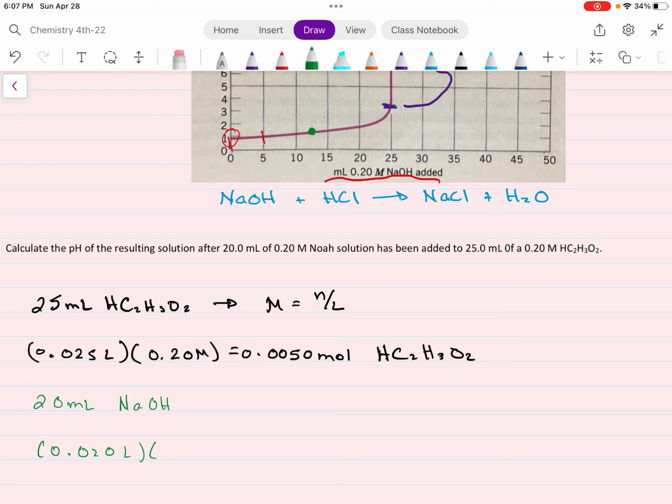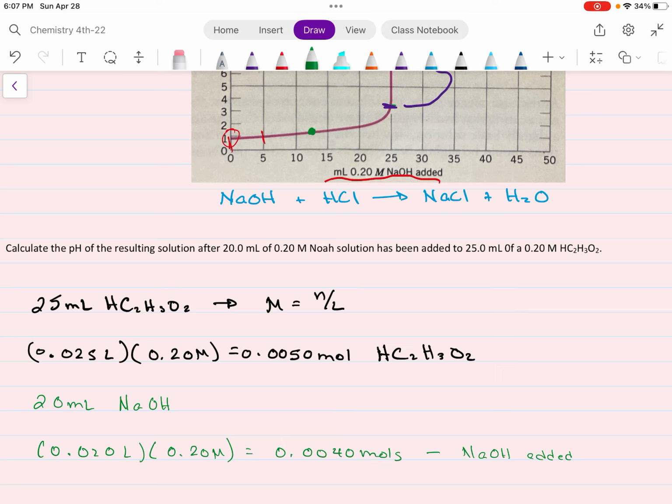And then we're going to multiply that by its molarity, which in this case is 0.20. And that's going to give us a total of 0.0040 moles. So this is the amount of NaOH that has been added at this point.